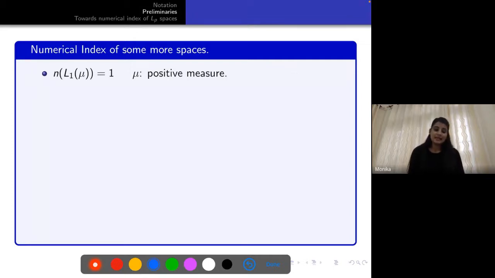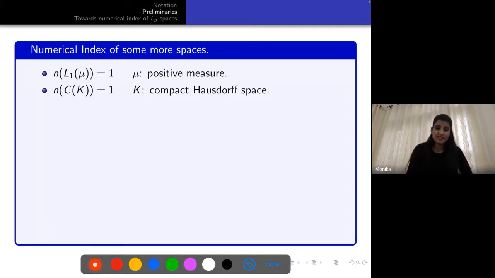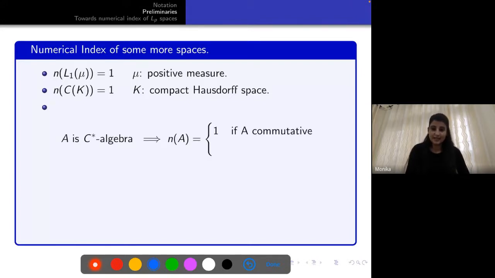The numerical index of C(K) space where K is compact Hausdorff is 1. If we are working with a C star algebra, its numerical index is 1 if A is commutative and 1/2 if A is not commutative.